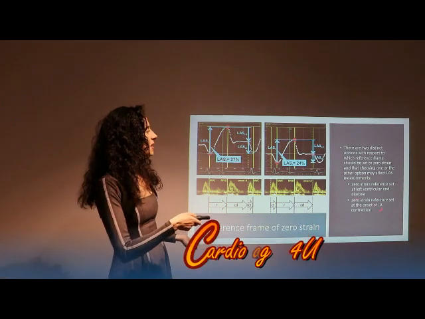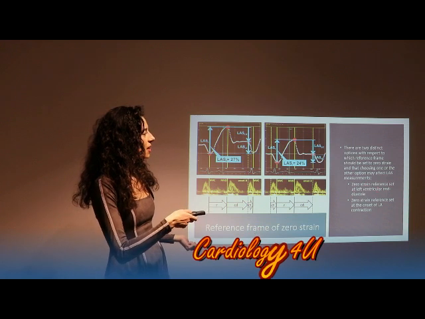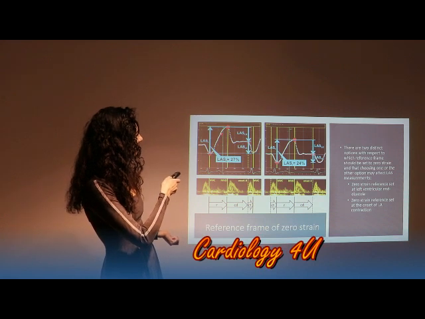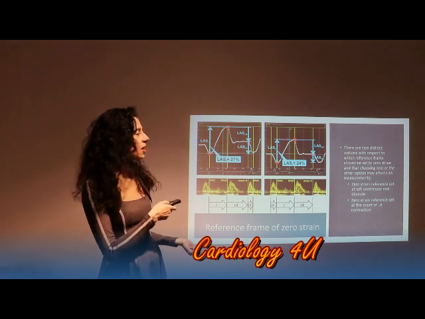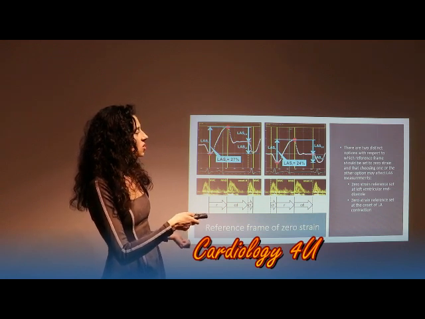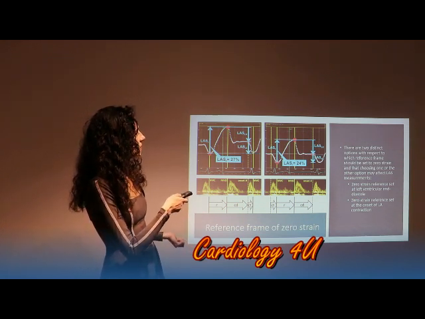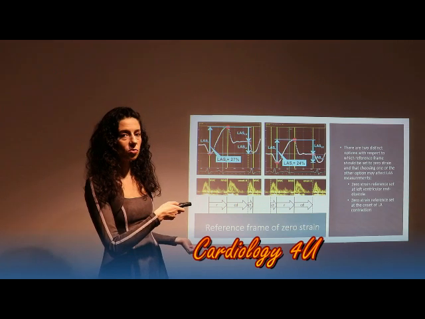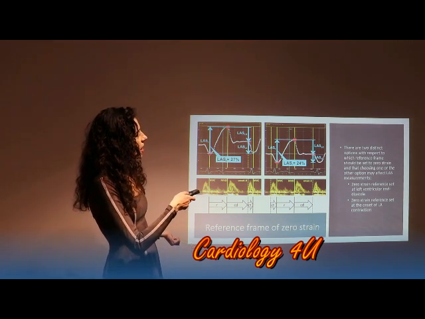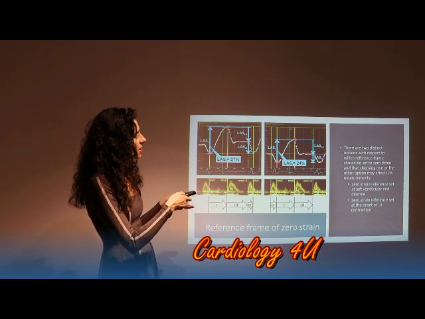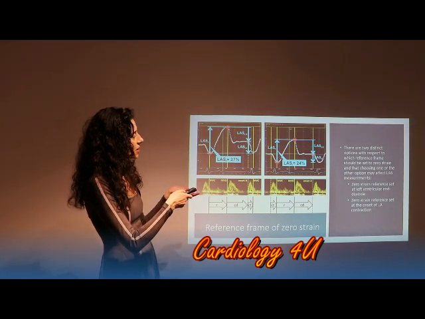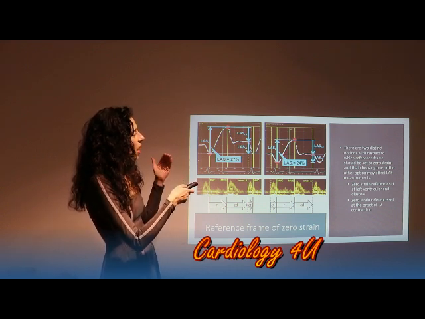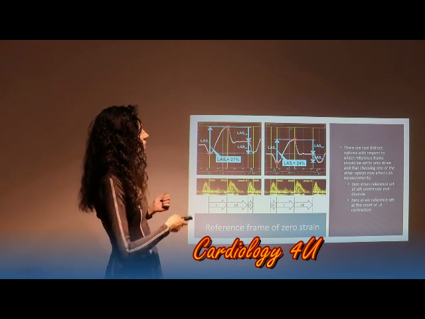If we choose the zero strain reference at LV end diastole, then we have only a positive left atrial strain during systole. But if we choose the zero strain reference at the onset of the LA contraction, then we first have a negative deflection of the strain, and the strain starts to increase, but it's still negative at the onset of systole, and it gets positive but does not reach such high values, as you could see here.